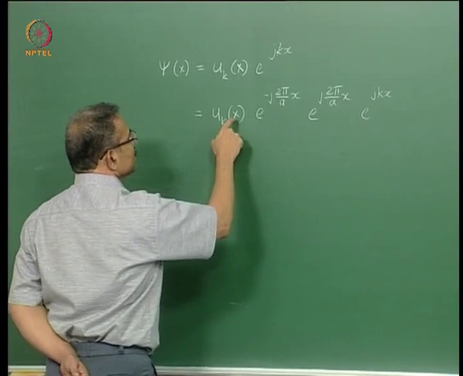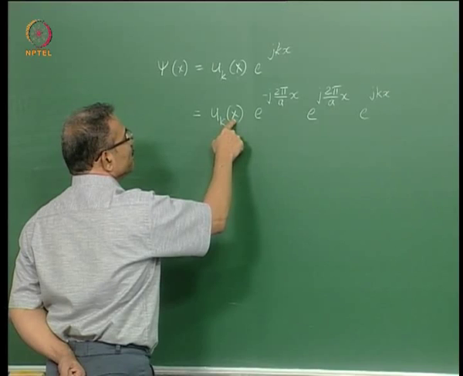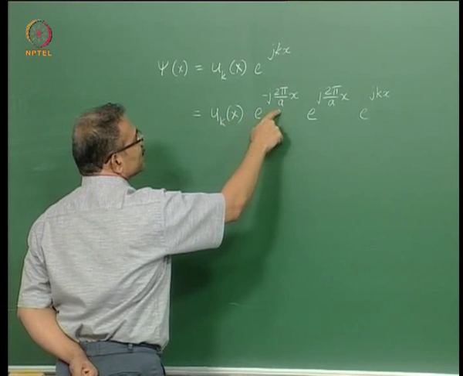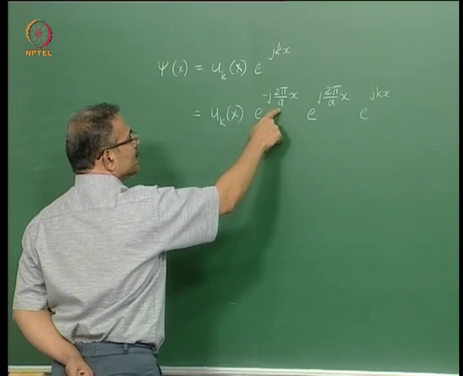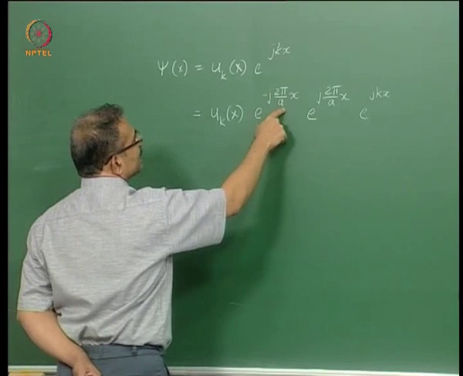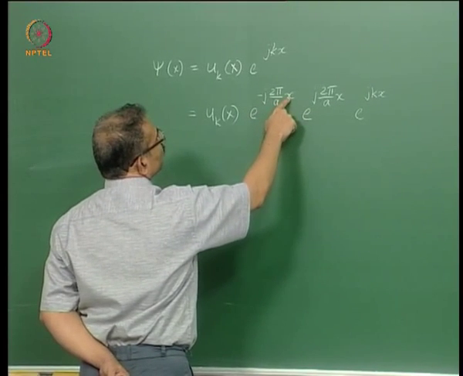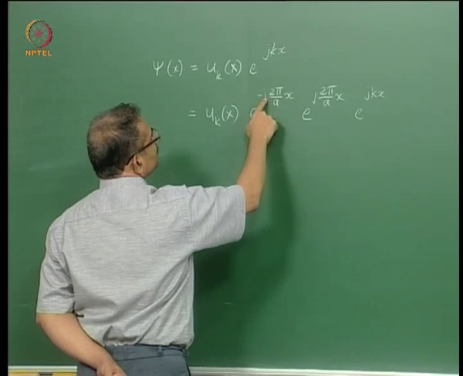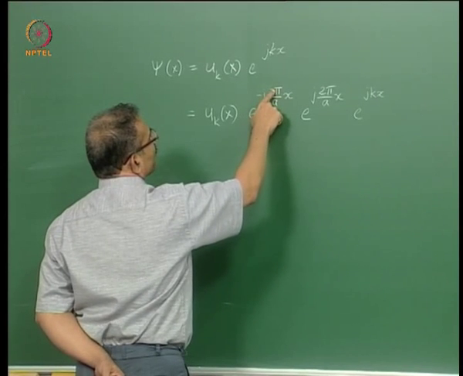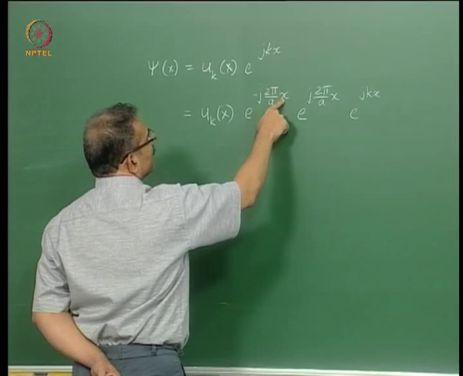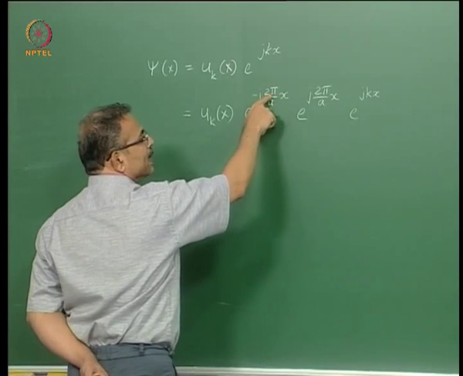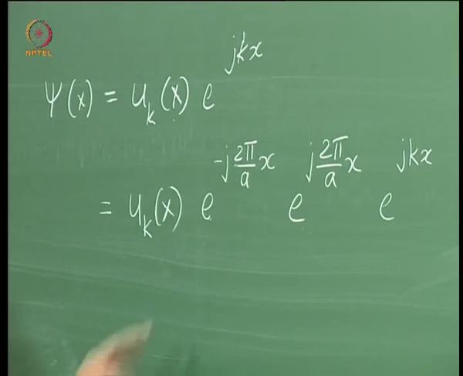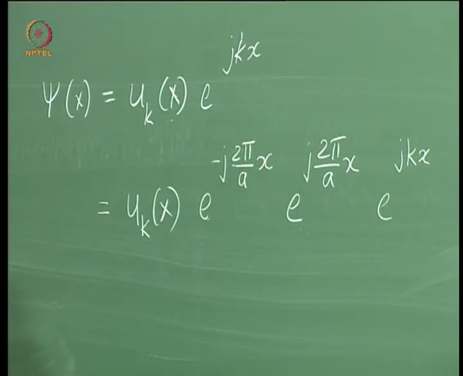Now, since u_k(x) is periodic with a period a and this function also is periodic with periodicity a, you can see that when you put x is equal to a, it becomes 2 pi. When you put x is equal to 2a, it becomes 4 pi. So, you know that for integral multiples of 2 pi, this quantity will be the same, it will be unity.